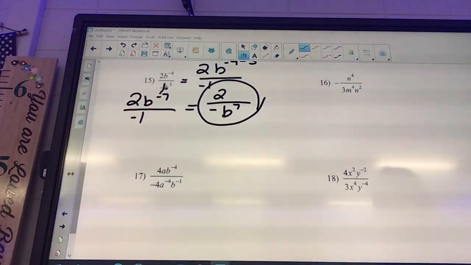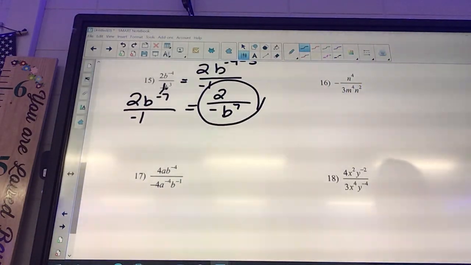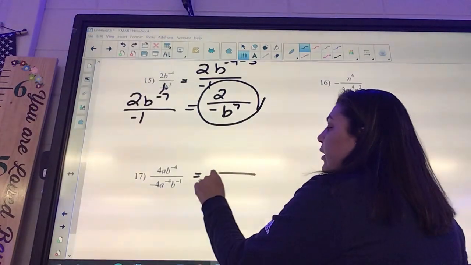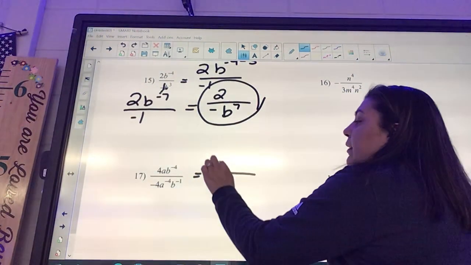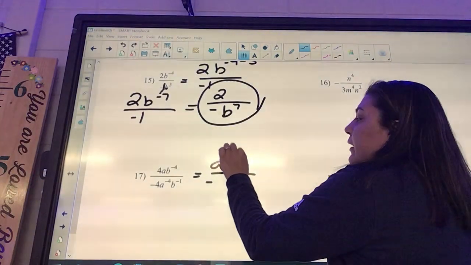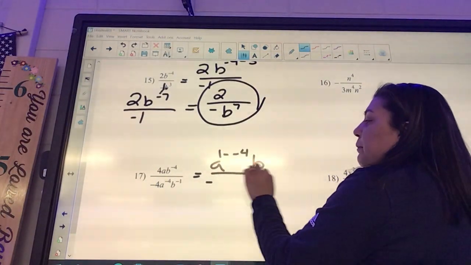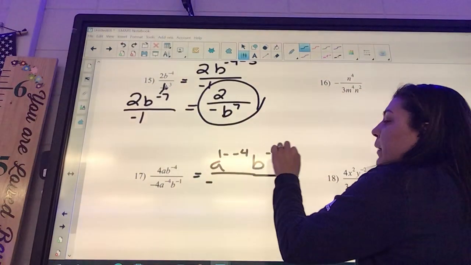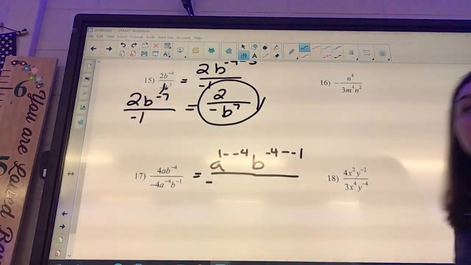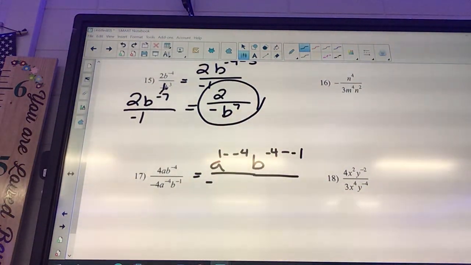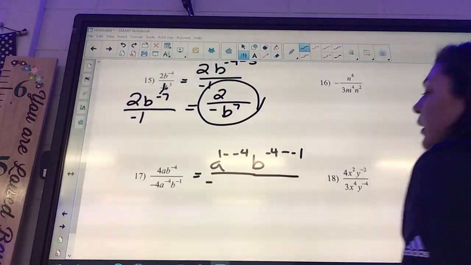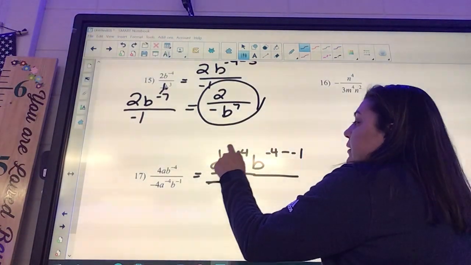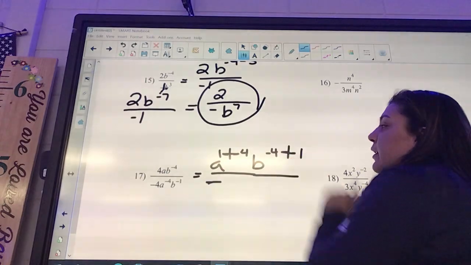Okay, 17. What is 4 over 4? 1. Okay, so we can keep that negative on the bottom. And we're going to get a to the 1 minus negative 4. B to the negative 4 minus negative 1. Okay, so this minus minus is going to be a plus, and this minus minus is going to be a plus.